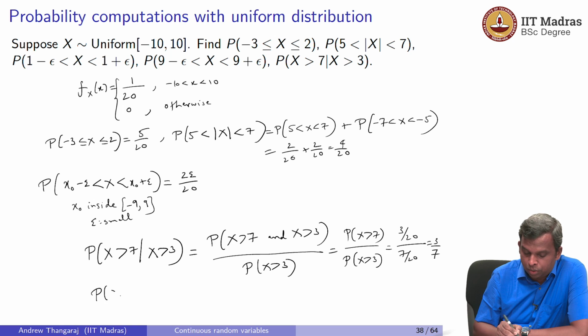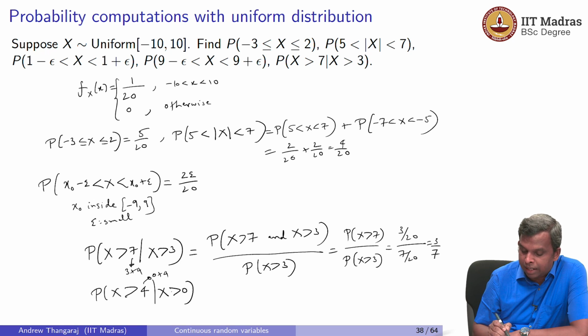If you want to contrast, for instance, the probability that x is greater than 4 given x is greater than 0. This is also like the 7, 3, right? The 7 is 3 plus 4, and 4 is 0 plus 4. So given x is greater than 3, what is the probability that you're going to be 4 away from 3?